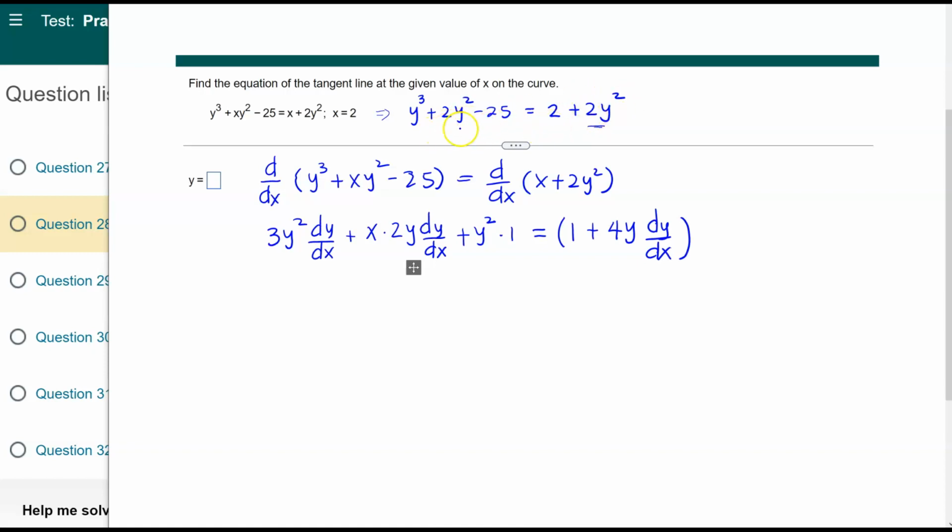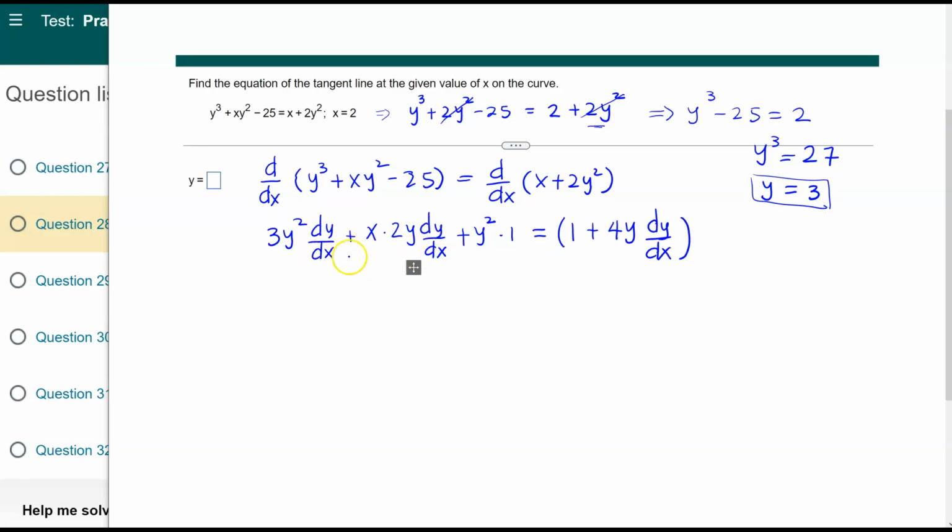You can subtract both sides by 2y squared, so this 2y squared cancels. And so therefore, you have y cubed minus 25 is equal to 2. So you have y cubed is equal to, you add 25 on both sides, 27. So y therefore is equal to 3. So when x is equal to 2, y is equal to 3.